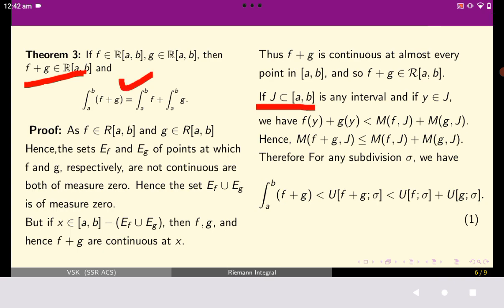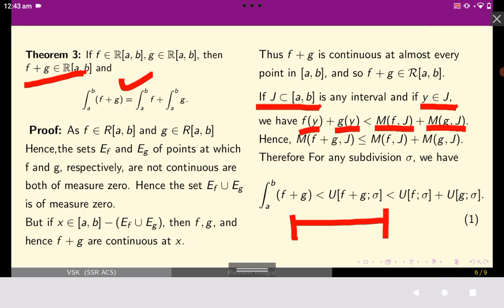Let J be any interval in [a,b], and if we take y to be any point in J, then the value of f at y plus the value of g at y will be less than or equal to the supremum of f over J plus the supremum of g over J, because y is an arbitrary point. This is your J and y is any point.